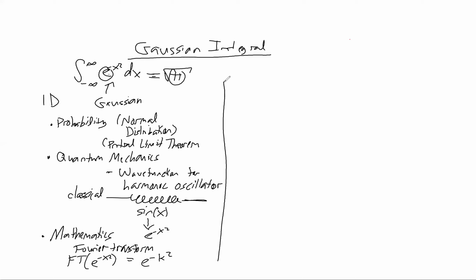So now with all this buildup, let me actually talk about how to evaluate this integral because it's actually pretty cool. And don't worry, we haven't talked about what infinite limits mean.